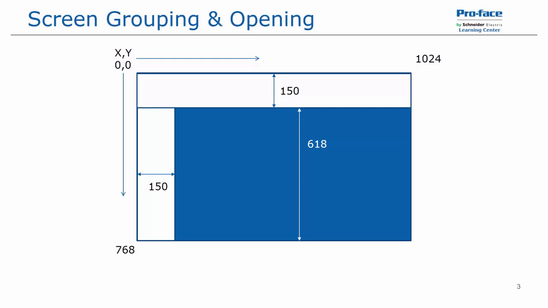And then for the width, we subtract 150 from 1024, we get a pixel width of 874 for the main screen. The startup position for the main screen is going to be 150 and 150.